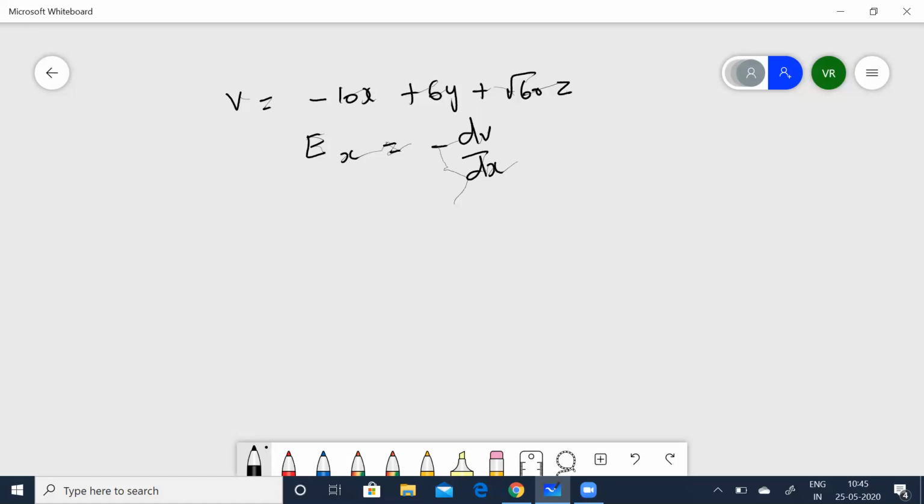So I have told you this is going to be partial differentiation. When you differentiate partially, you differentiate only with respect to x, where y and z are constant. So it is simply 10. Minus of minus 10 will give you a plus 10.